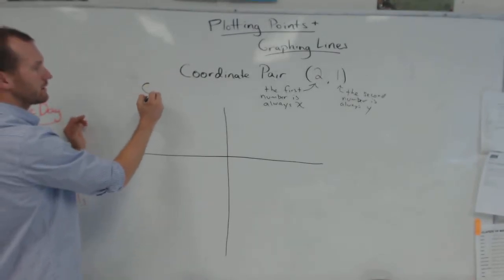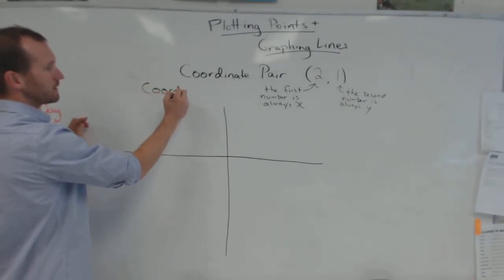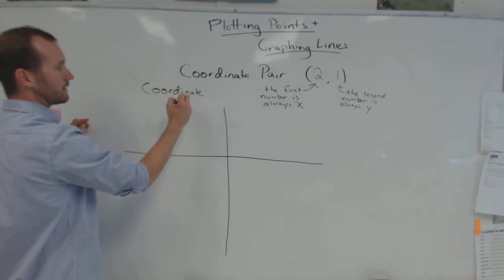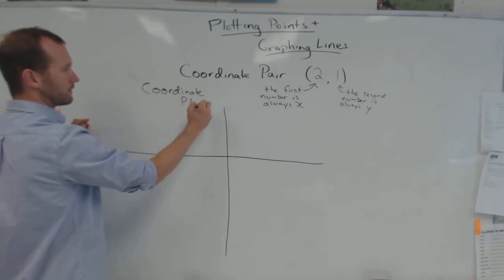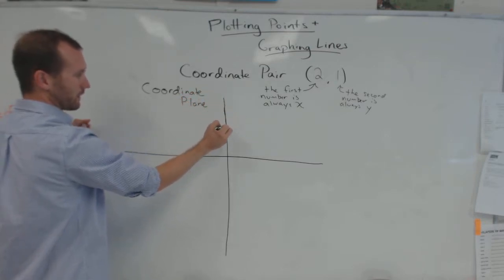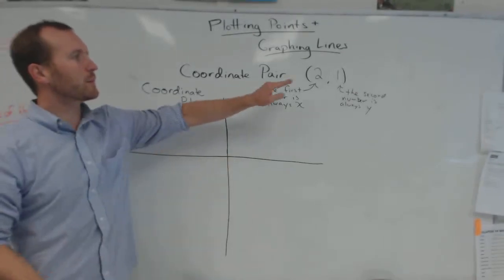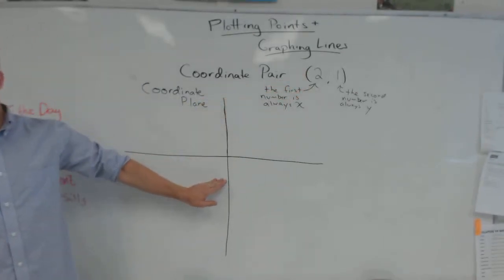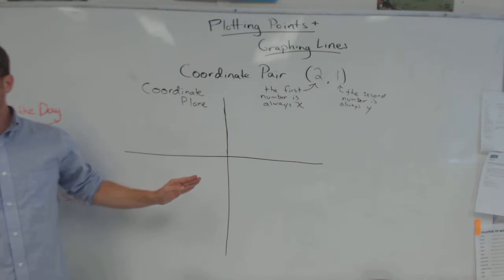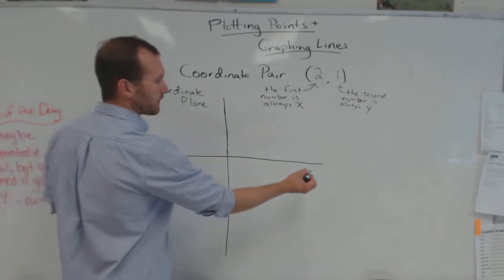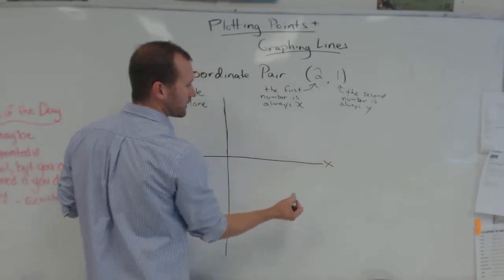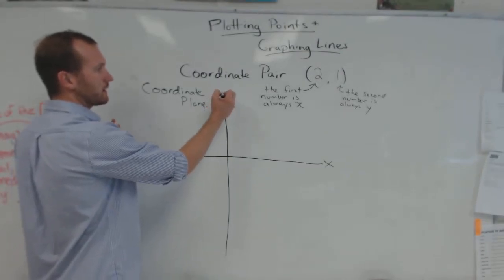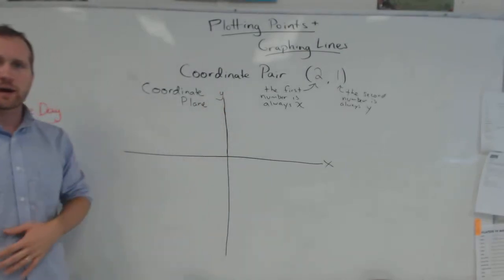This is called a coordinate plane. We're going to put our coordinate pair on our coordinate plane. But in order to do that, we have to know two things. We have to know that this is called the x-axis, and this is called the y-axis.